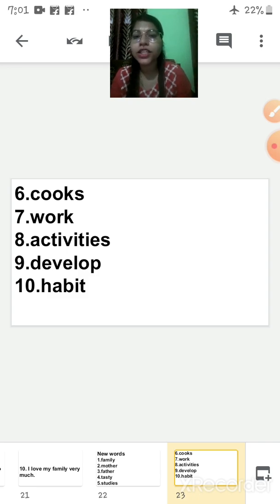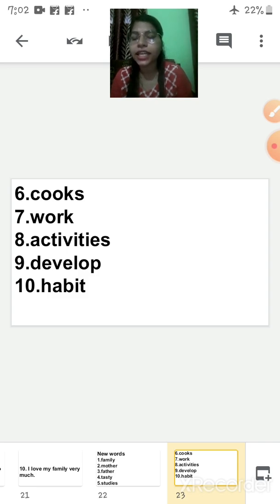Seventh is W-O-R-K, work. Eighth is A-C-T-I-V-I-T-I-E-S, activities.